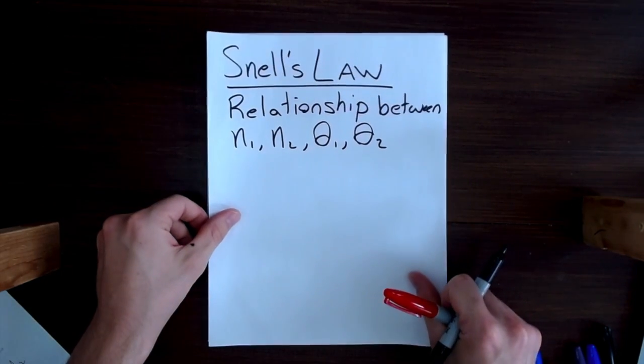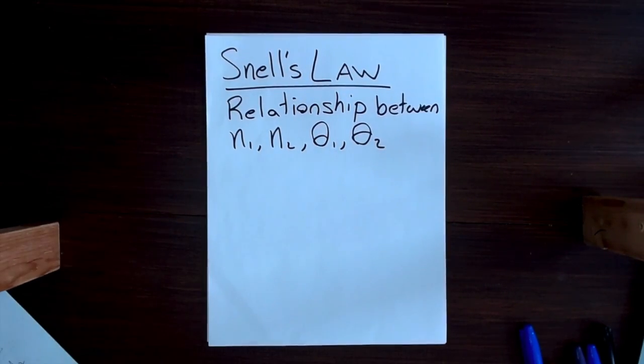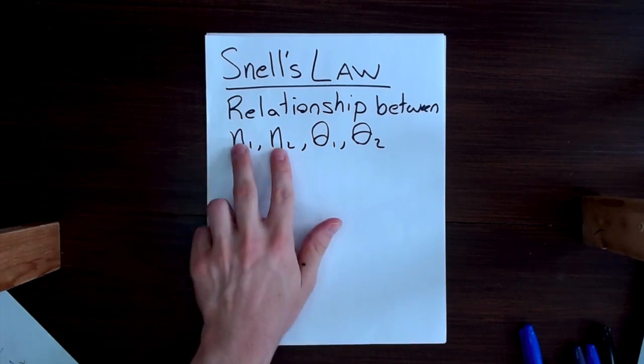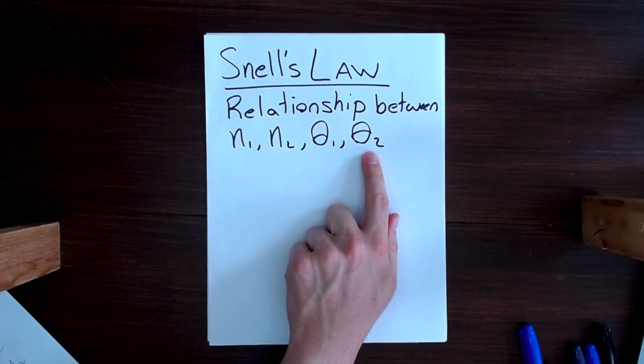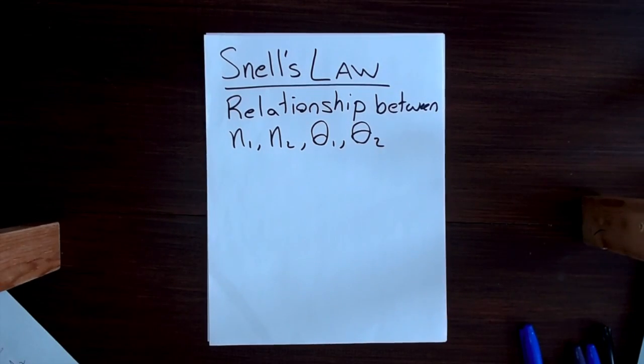Now, the law that describes the relationship between the indices of refraction, n1 and n2, and the angle of incidence and refraction, theta 1 and theta 2 I'm calling them, is called Snell's Law.